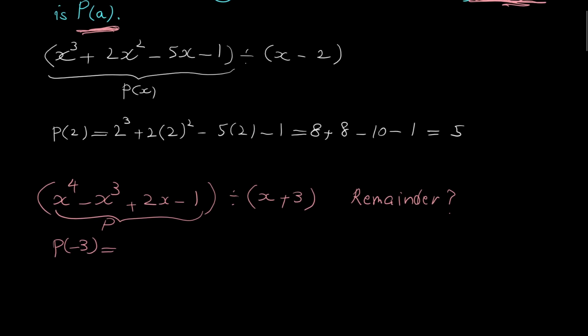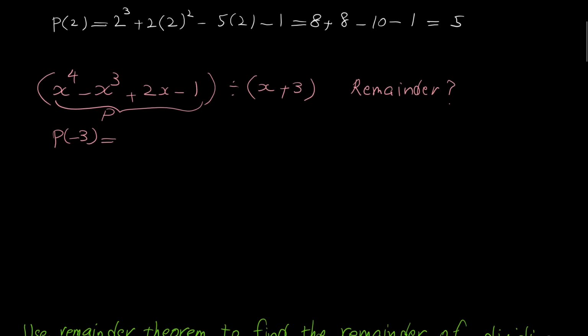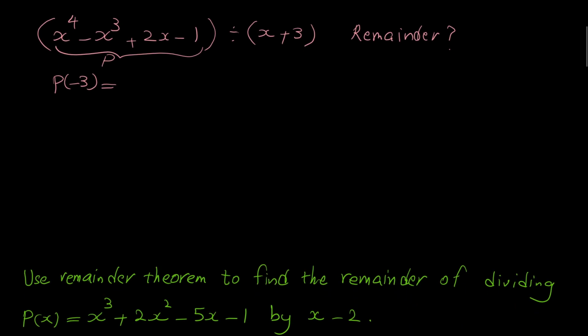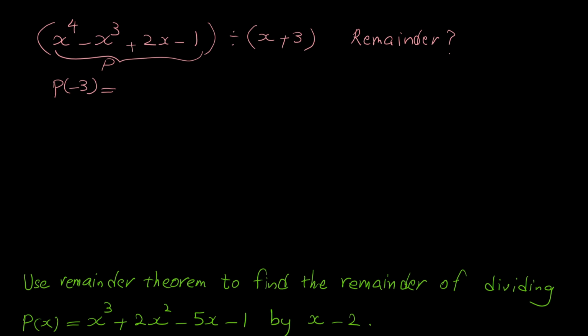So if you want to divide the polynomial by x plus 3, you have to plug in negative 3, the opposite sign. This is very important. Not the same number that appeared here, but the opposite sign of this number, you plug into the expression, and then you can find the remainder.